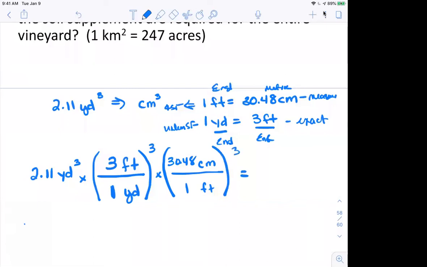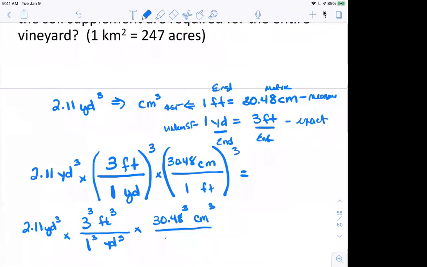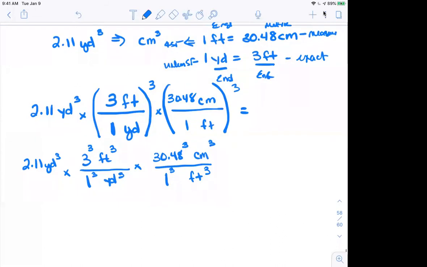So what I have is 2.11 yard cubed times 3 cubed foot cubed over 1 cubed yard cubed, times 30.48 cubed centimeter cubed over 1 cubed foot cubed. So my yard cube cancels, my foot cube cancels. I'm left with centimeter cubed.